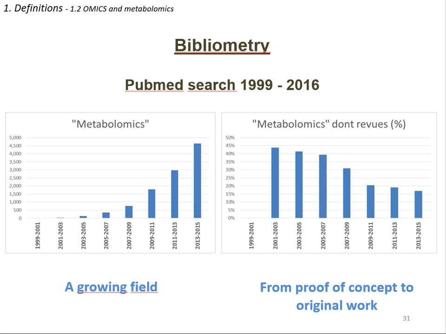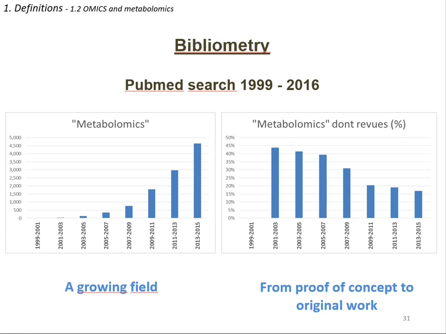If we look at the proportion of reviews, we see, on the contrary, that it has decreased. The proportion of reviews in the early age of metabolomics was around 45%. Almost half of the papers talking about metabolomics were reviews because they wanted to explain the principles and to make proof of concept.